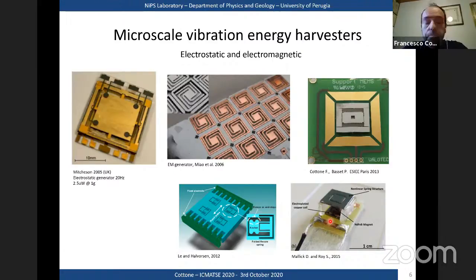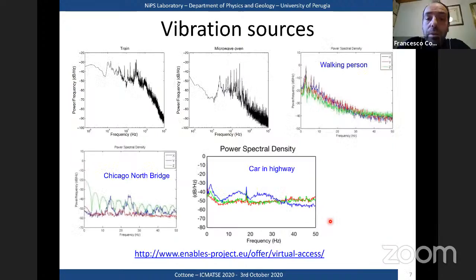But what is the main challenge of miniaturizing vibration energy harvesters? The problem is that most of the ambient vibrational sources are located at low frequencies. If we look at the power frequency spectrum, most of the energy is below a few hundred hertz.